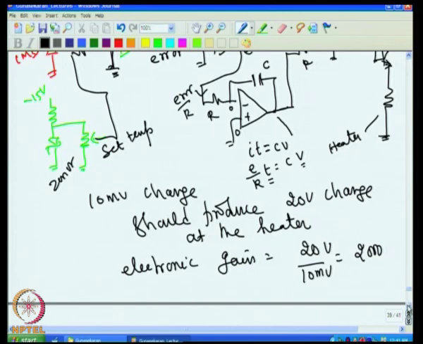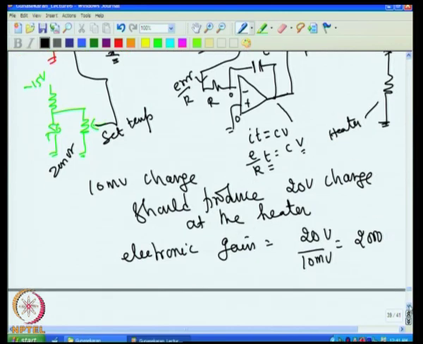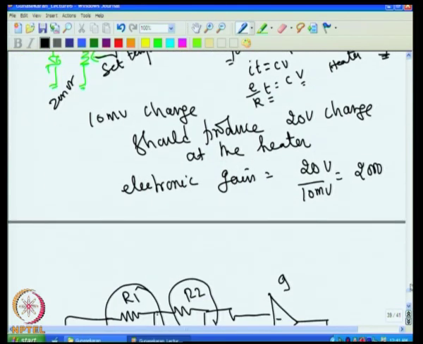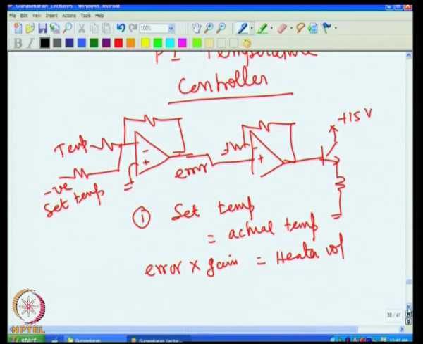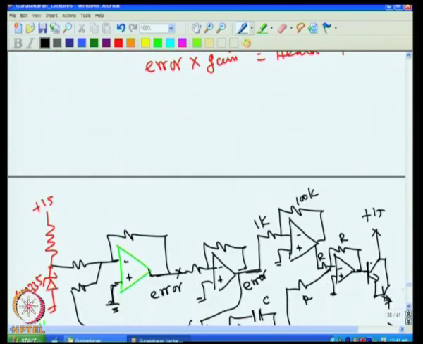So, I have to do the gain setting, that is the resistance I have to set here is not 1k and 100k; I have to make it for example 2000 gain here, I should put 1k and 2000k, that is 2 meg.